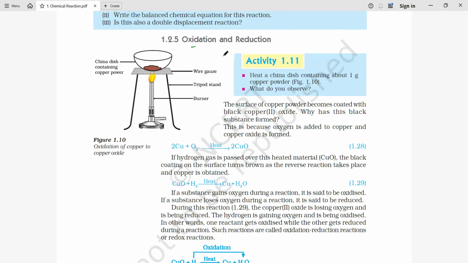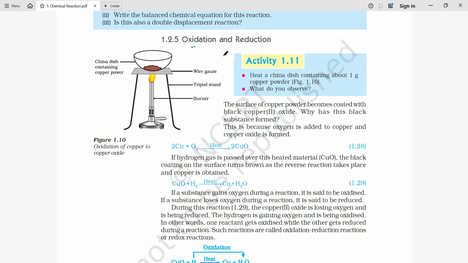In combination, two reactants combine to give the product. If heat is produced, it is called an exothermic reaction. In case of decomposition, one reactant gives two or three products, and in this we have to give heat. So it is also called an endothermic reaction, and it is a decomposition reaction.